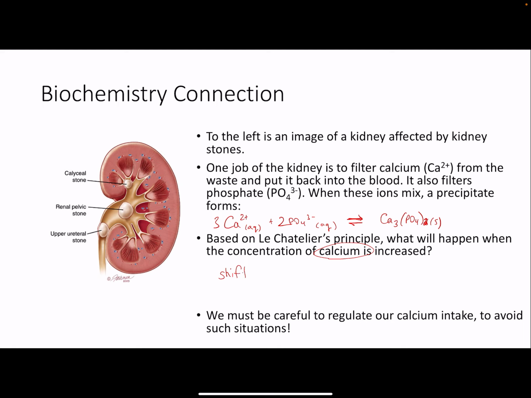Well, because it's a reactant, there will be a shift right towards the products, and more calcium phosphate will form, which is the solid. So for people high in calcium and phosphate within their blood, their ion concentrations, they have to be careful about the amount of calcium that they intake, because it can drive the reaction towards forming a precipitate, which can result in larger stones.